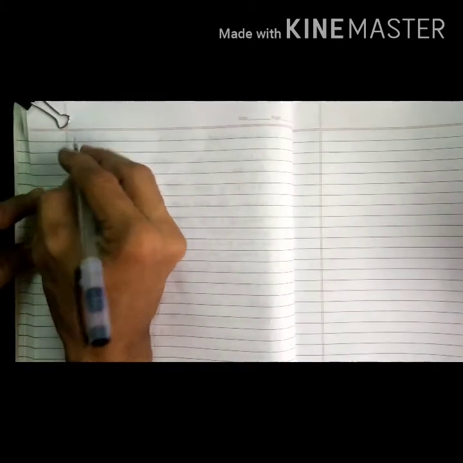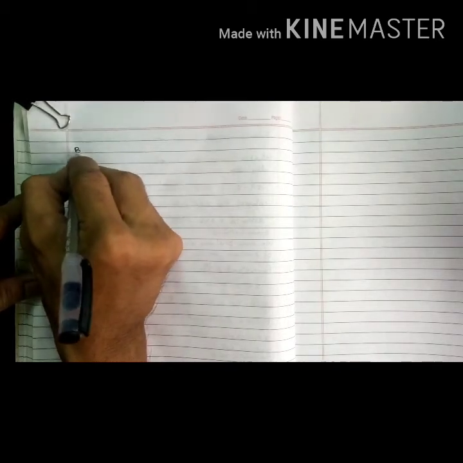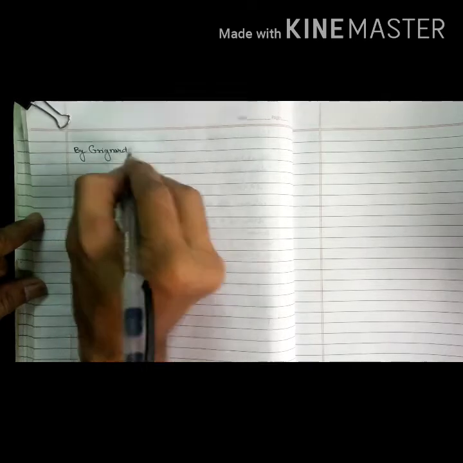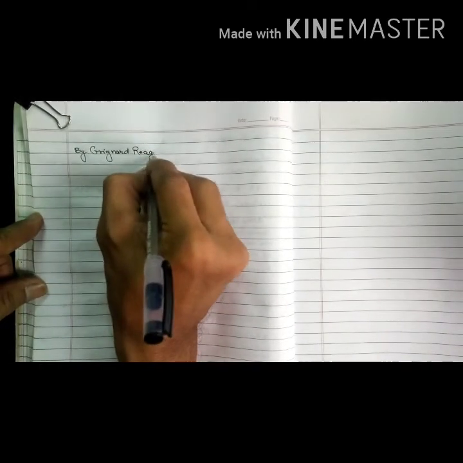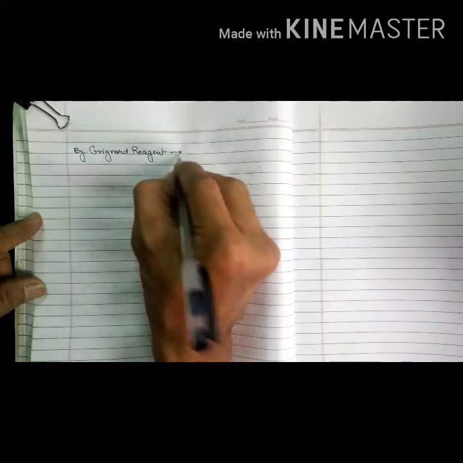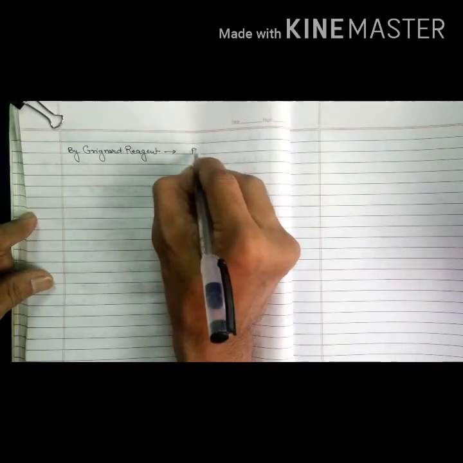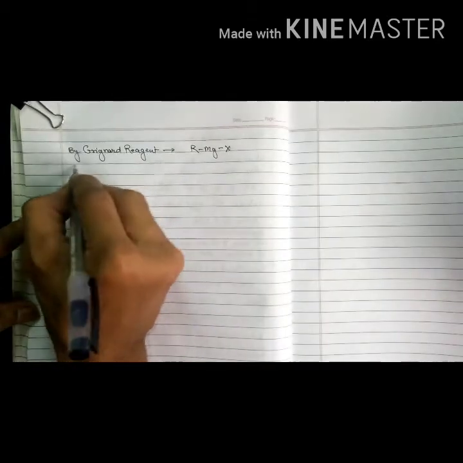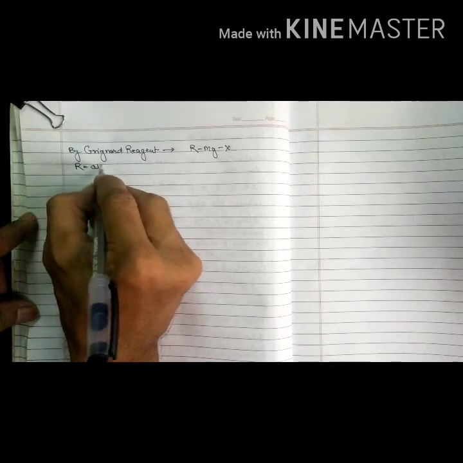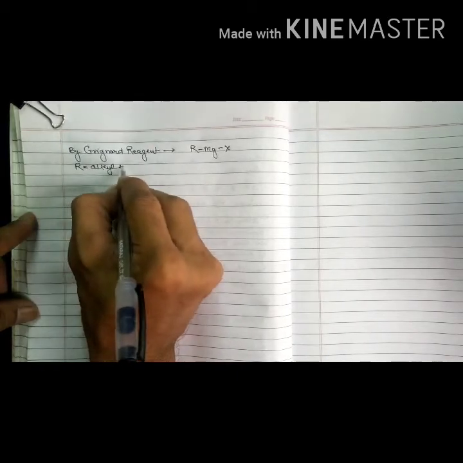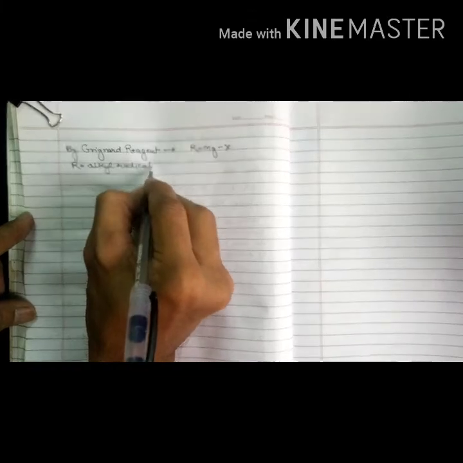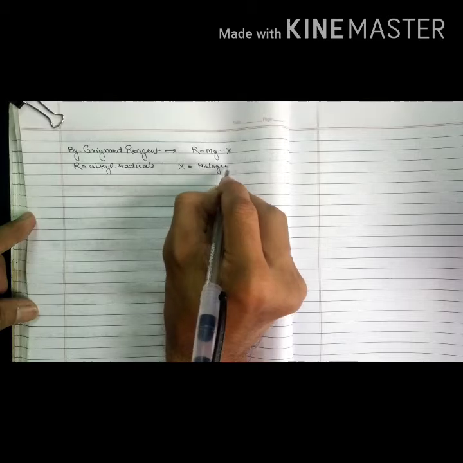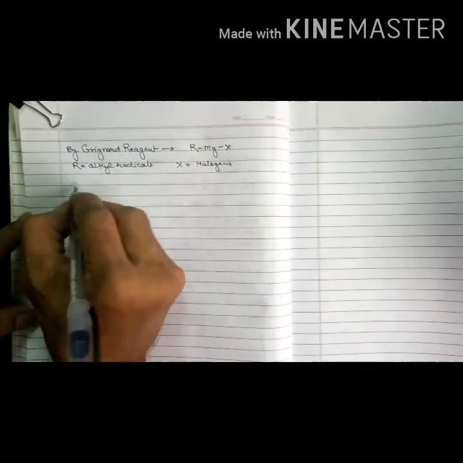The next is by Grignard reagent, RMgX, where R is an alkyl radical and X is a halogen.